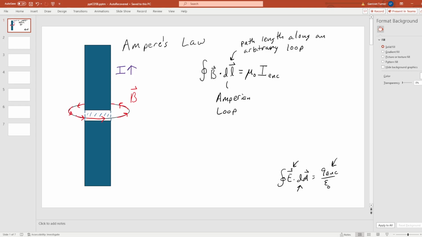But as long as you have current, if you enclose some of that current with a loop, then you can evaluate the magnetic field at the boundary of that loop, or let's say at the position of the loop.